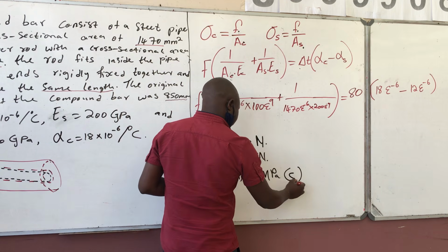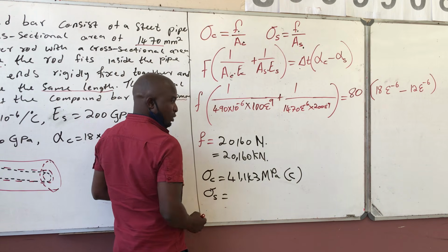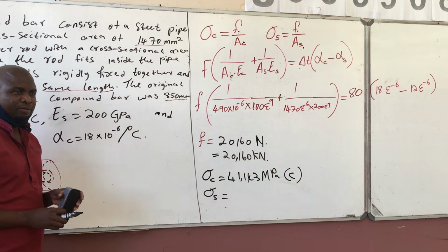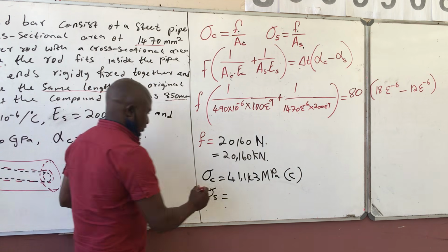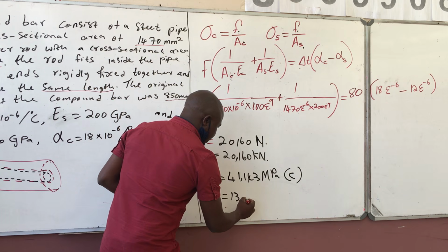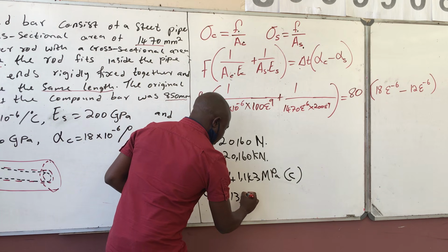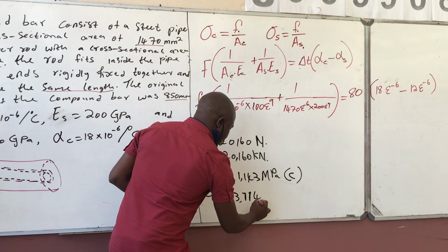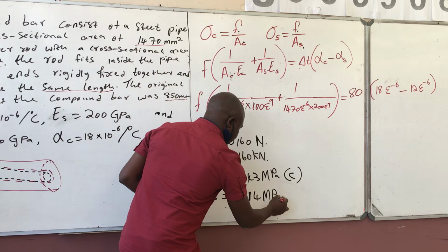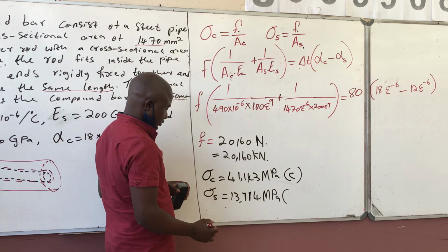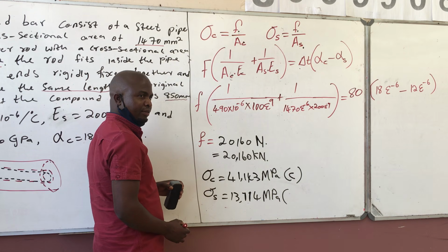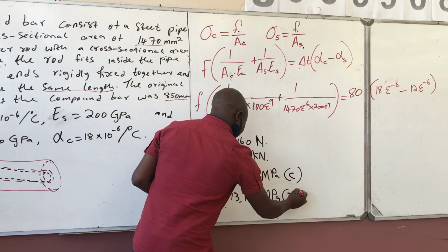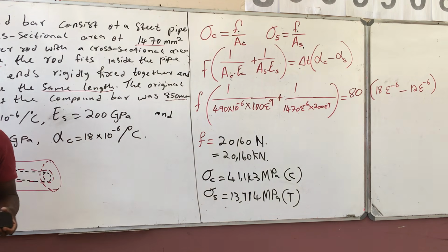Compressive. Then this one? 13,714 megapascal. Nature? Tensile. Do you understand how to get the two natures?